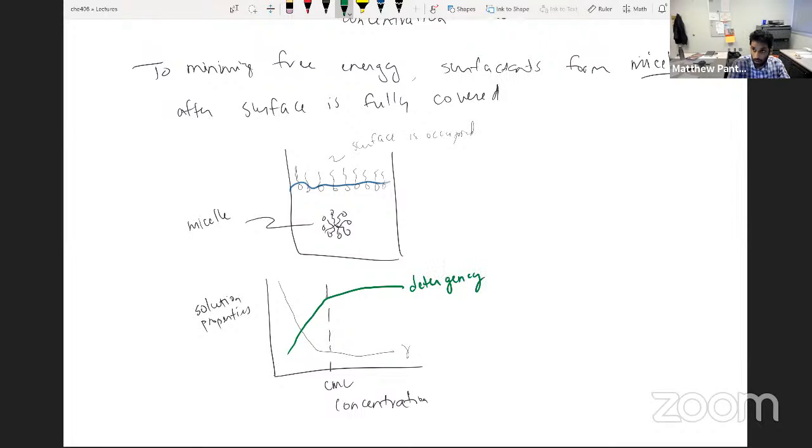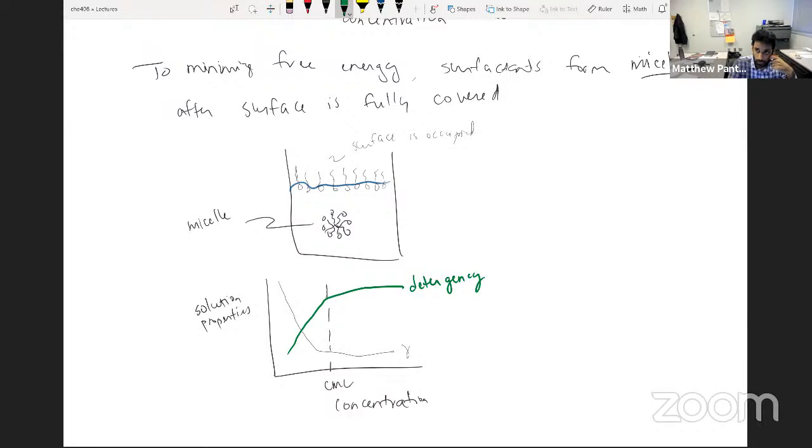So if you're trying to formulate a system such as laundry detergent, you want to avoid it being at the critical micelle concentration. You want your system to be below that, because every additional molecule of detergent you add past the critical micelle concentration is not giving you any more detergency, which is the ability to function as a detergent. That's why if you are doing your laundry, adding a cupful of laundry detergent is not going to help you any more than adding a spoonful, because there simply isn't an additional ability for more of this to pick up more dirt.